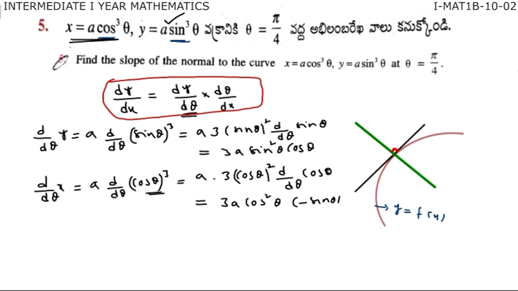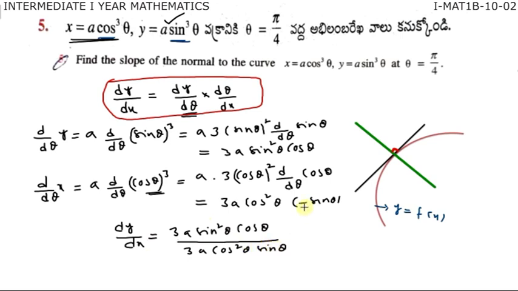From that I will get dy by dx is equal to, first dy by d theta, that is 3a sin square theta cos theta divided by 3a cos square theta sin theta. I am writing this minus symbol front side.